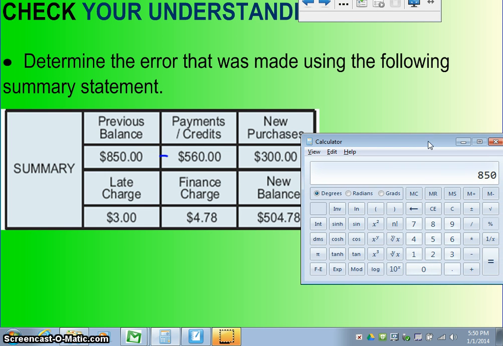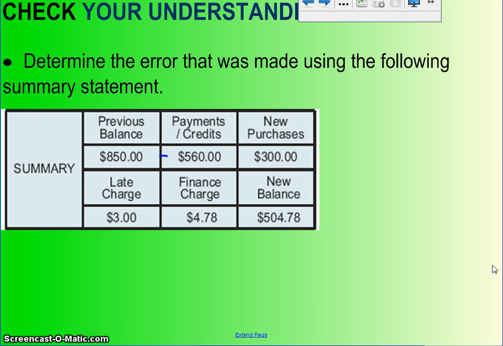And she made a $560 payment. She charged $300 more. She had a late fee of $3 and a finance charge of $4.78. So she believes that her balance should show $597.78.